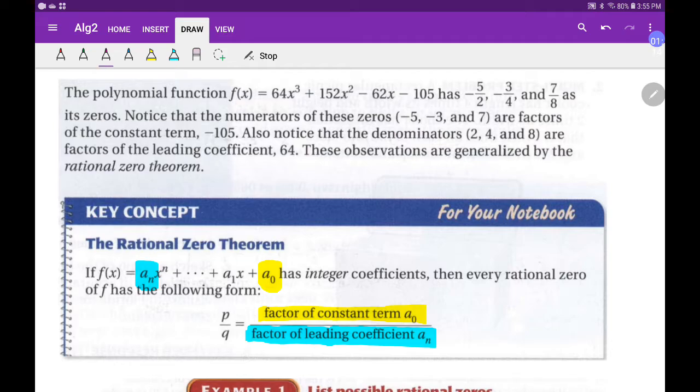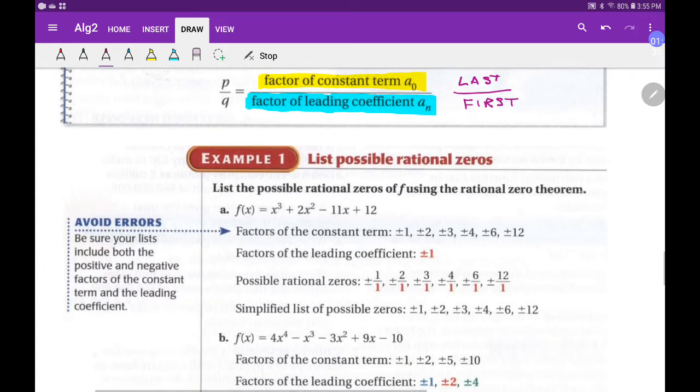I kind of say it's the last, that's at the end of the equation there, over the first. You ever hear that the last shall be first? Anyway, that's what makes me think of it.